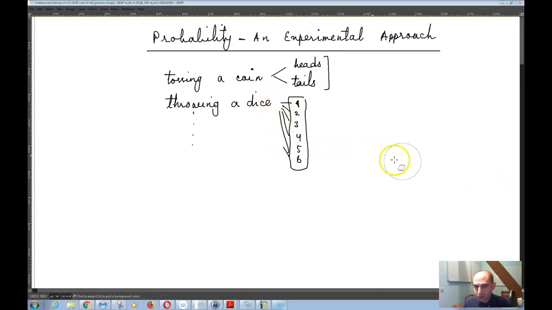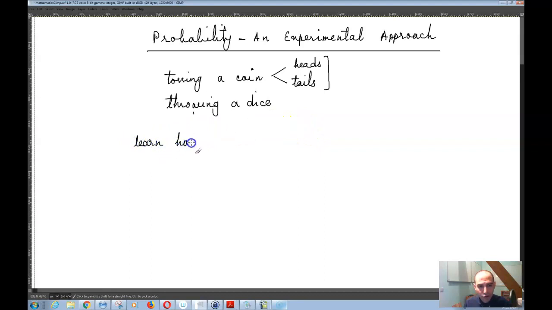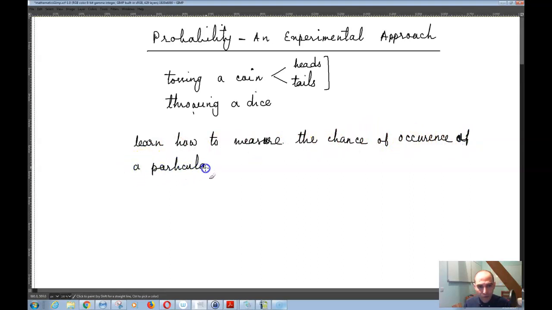Now what we want to do here is to learn how to measure the chance of occurrence of a particular outcome in an experiment.